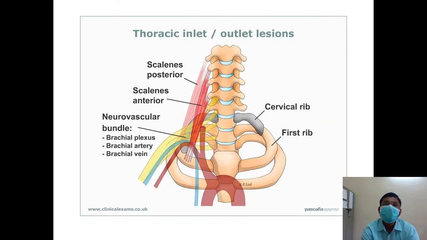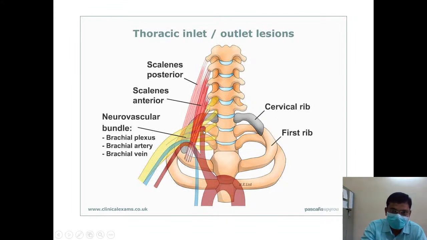Now coming to the lesions, that is, thoracic inlet and outlet lesions. You can see the scalenus posterior here, the scalenus anterior here, and in between these two you can see the neurovascular bundle, that is the brachial plexus, which is coming out. Sometimes there will be an additional rib called the cervical rib.